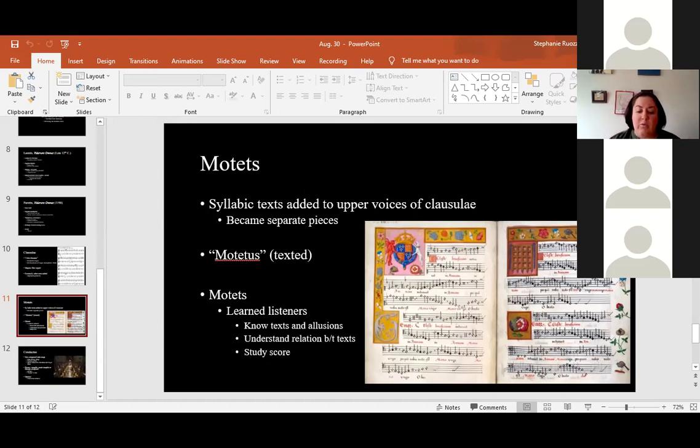And only learned people who study these scores would have caught that. So the motets are for very highly literate listeners. They're not for the average Joe on the street.